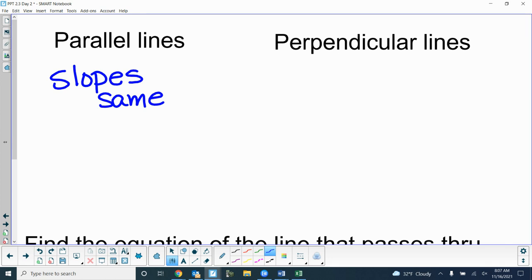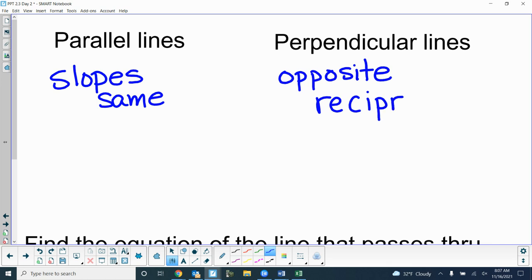They're opposite. They're opposite reciprocals. Okay? What's the symbol for parallel? Two dashes. Two lines, right? Like two L's beside each other. What's the symbol for perpendicular? Upside down T. Okay?